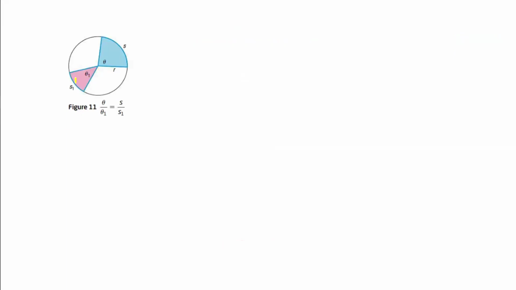Okay, so if we look at this figure here, we're going to set up a geometric relationship, and we've got some arbitrary arc length, S, and we're going to say that S relates to some other arc length that we'll call S1.